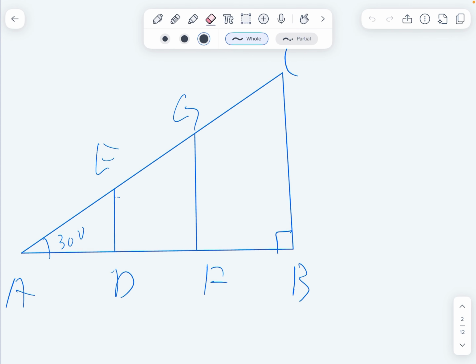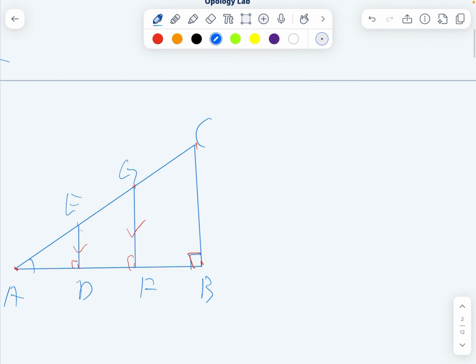First, there is triangle ABC, where B equal to 90 degrees, and there are lines called ED and GF. So we can get they are parallel, so D equal to 90 degrees and F equal to 90 degrees.